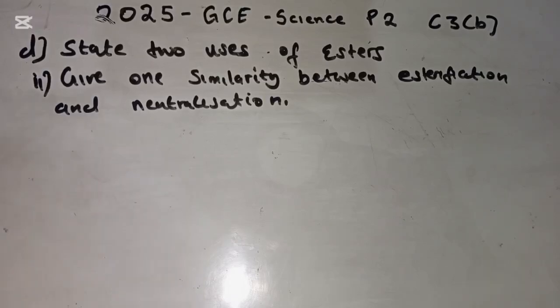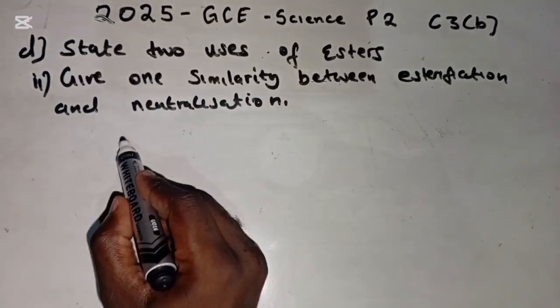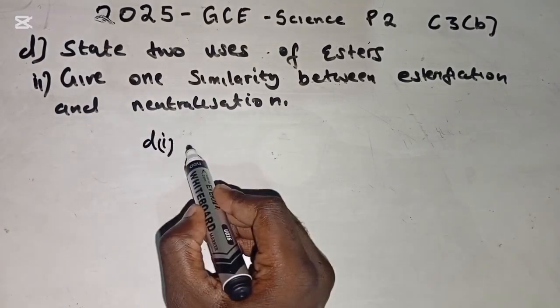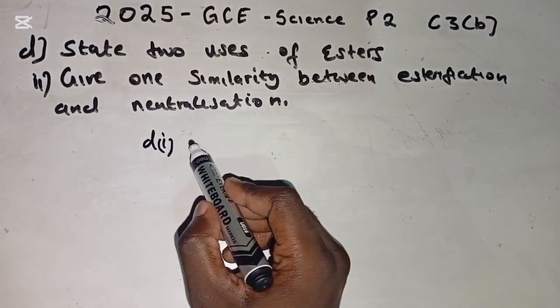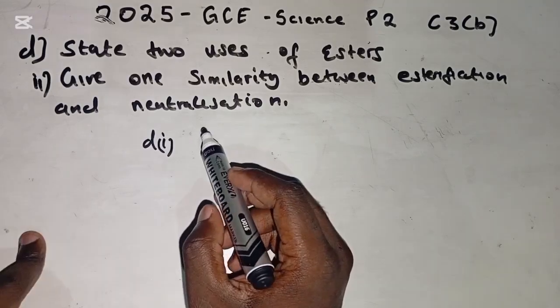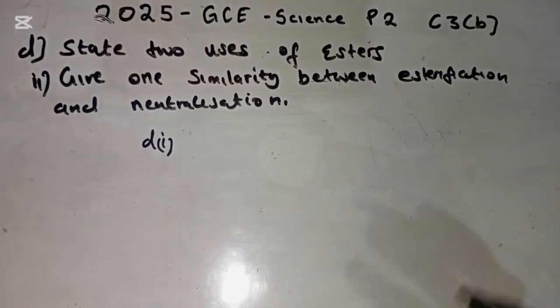Question D says state 2 uses of esters. D2 gives one similarity between esterification and neutralization. So two uses of esters. You are going to say esters are sweet smelling substances.